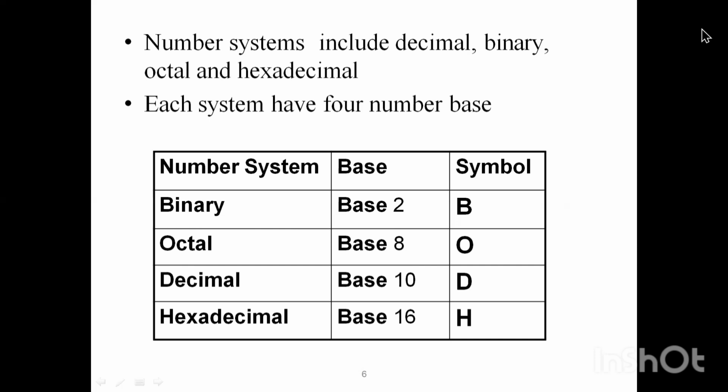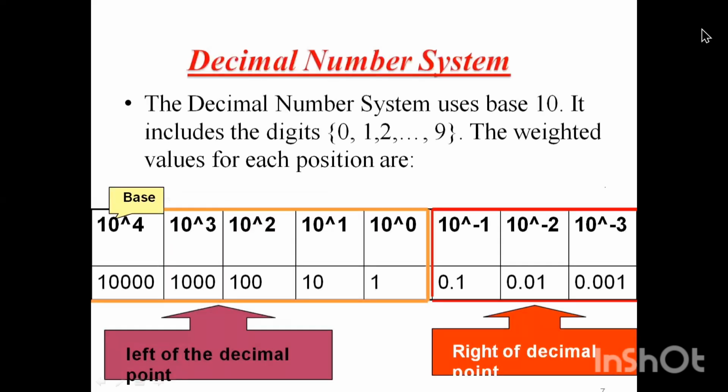The number is identified by the base number. The base number represents the total number of digits in the number system, and the number is also identified by symbols like B for binary, O for octal, H for hexadecimal, and D for decimal.